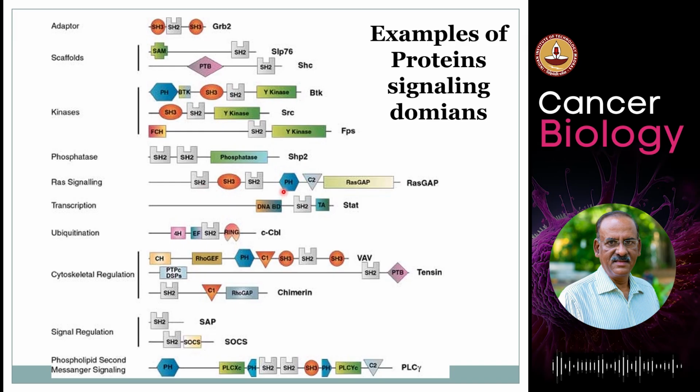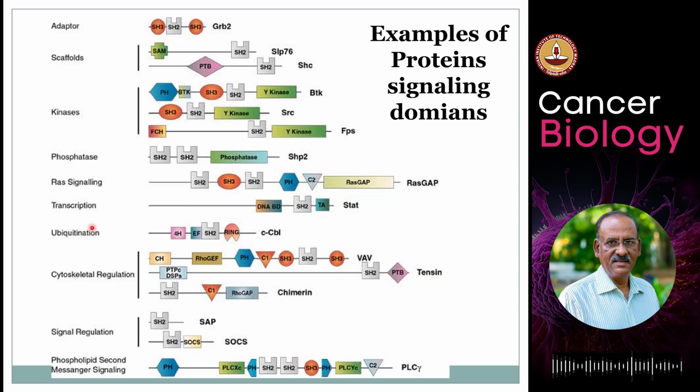This tells you that one molecule may have more than one domain, even two or three domains of the same type. Two SH2 domains can be there, two SH3 domains can be there, or one SH3 and two SH2 domains, like that. This is one idea that we must have, because that tells us how the signal can be diversified and amplified. For amplification, we have some more examples, I will come to that.